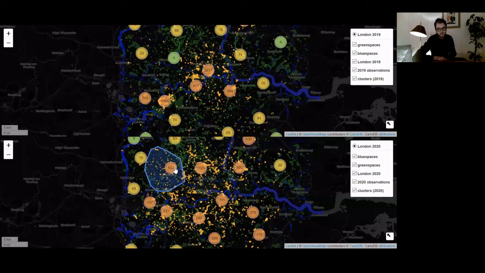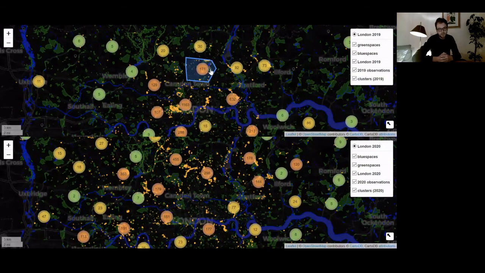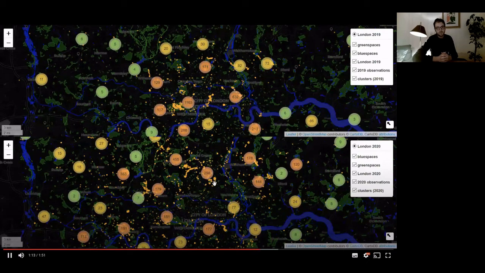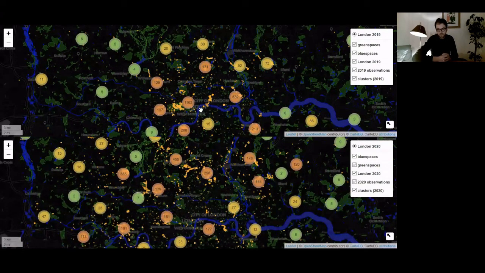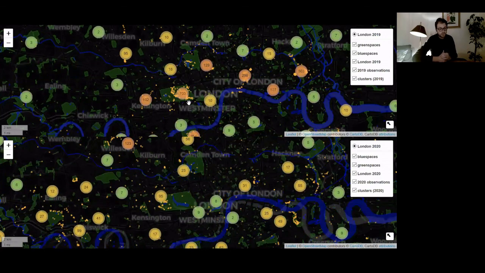And in 2020, the distribution becomes very scattered, and you have many clusters with few observations. Also if you zoom in, you can still see that very well. In 2019, you have a very concentrated distribution, and 2020 becomes very scattered. So that's like Anna and Florence said, probably because of fewer travelers in 2020 due to COVID and restrictions.